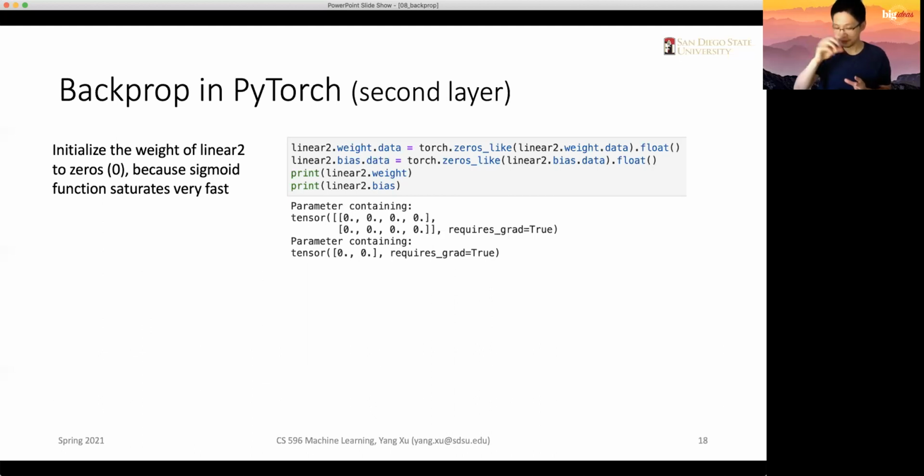So we have sigmoid, and the difference between a ReLU and a sigmoid is that the sigmoid has an upper limit, which is 1, in its outputs.